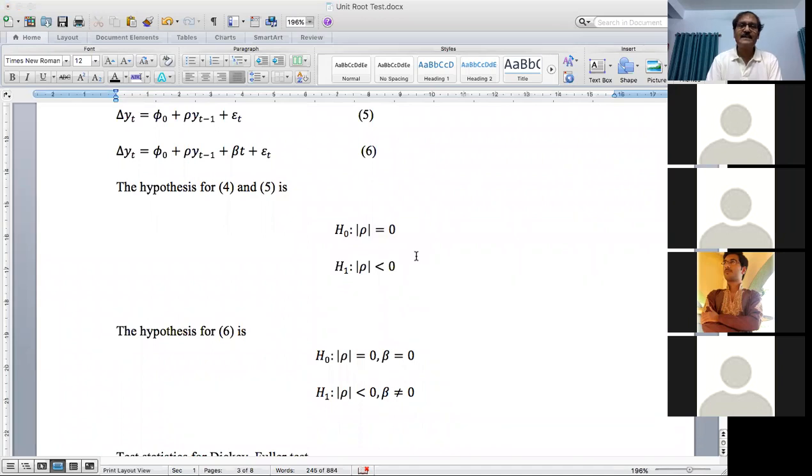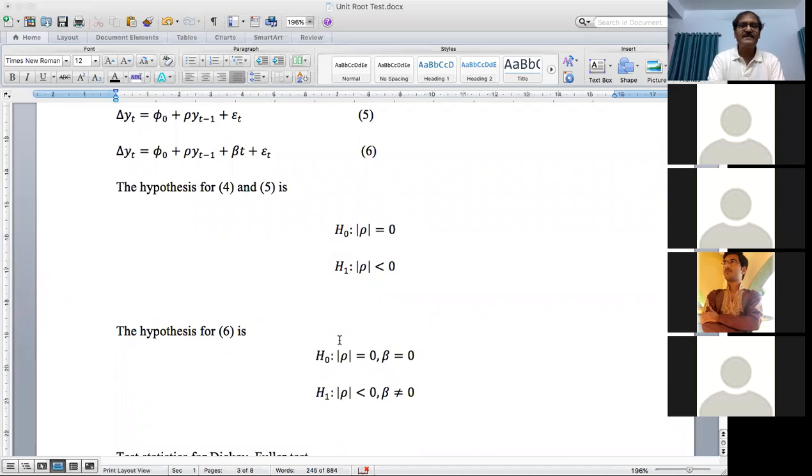So phi 1 less than 1 is similar to rho less than 0. So we can set our hypothesis in this way: rho equal to 0 as a null, rho less than 0 as an alternative. So rho equal to 0 as a null indicates the same, that is the presence of unit root. Rho less than 0 as alternative indicates the series is stationary.